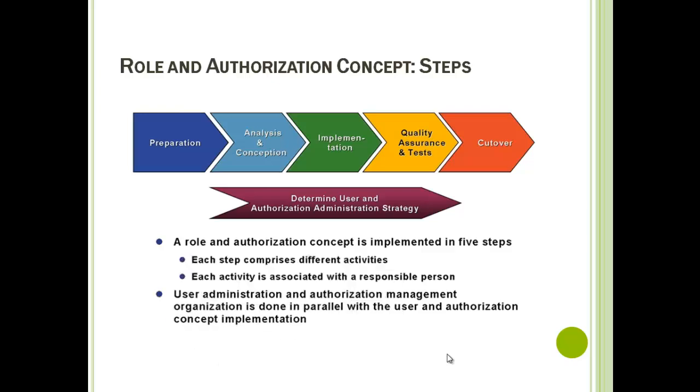These are all our roles and authorization concept steps. It is important that the user can only perform the tasks that they are authorized to perform. That is the main goal of this authorization concept.